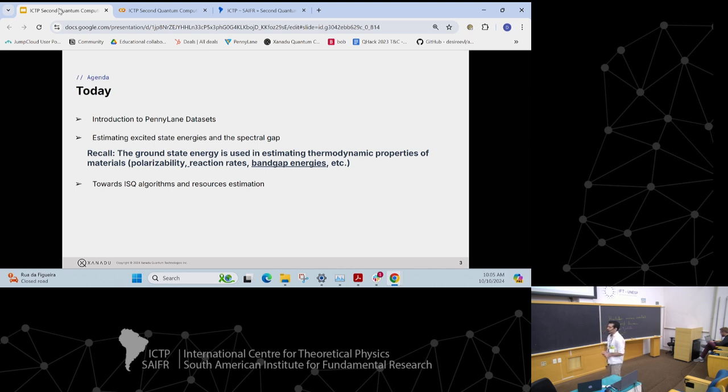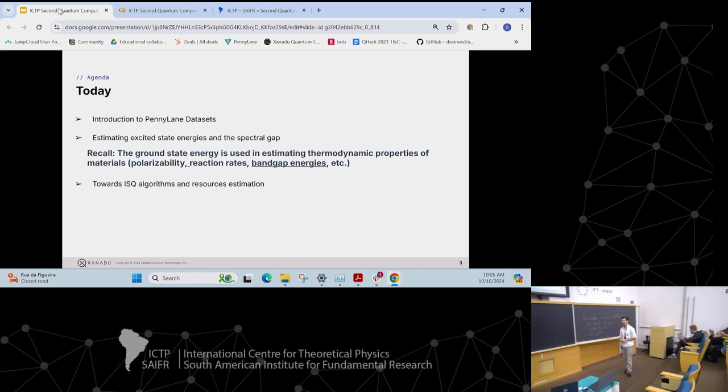And then we're going to end today with a look ahead beyond NISQ algorithms. So start looking at something that at Xanadu we call intermediate scale quantum algorithms. This is when you start being able to use a few logical qubits, so qubits that are protected from error, and a little on resource estimation. So if there are algorithms that exist that allow you to estimate how many qubits and how many gates you're going to need to run an algorithm up to a given precision without actually running the algorithm itself.